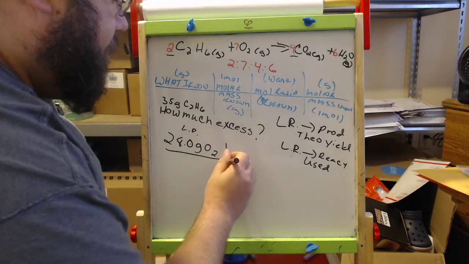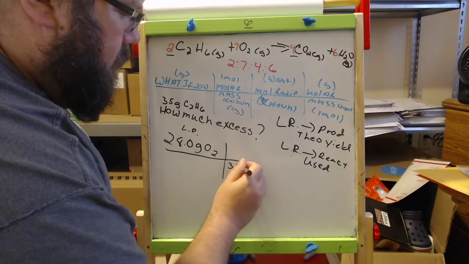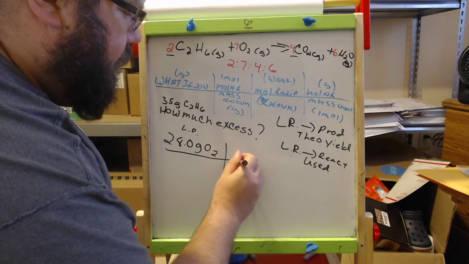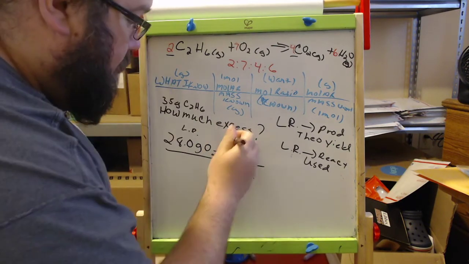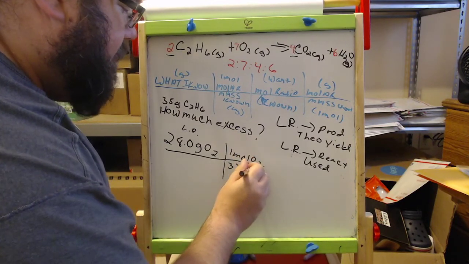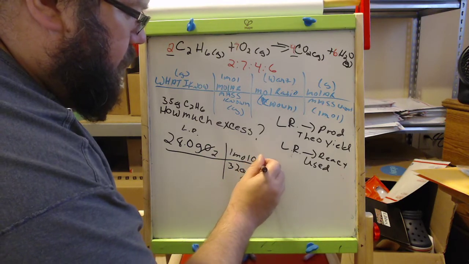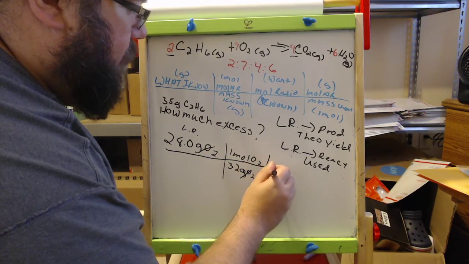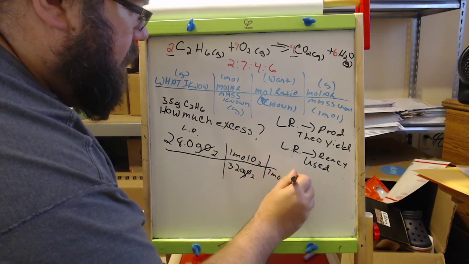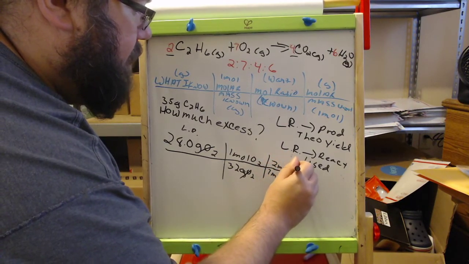All right, so 32 grams of O2 is 1 mole of O2. Again, that's 16 times 2, I should say. All right, 1 mole of O2. For every 7 moles of O2, it reacts with 2 moles of C2H6.